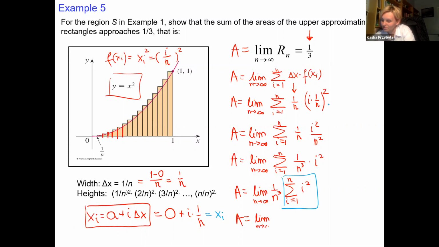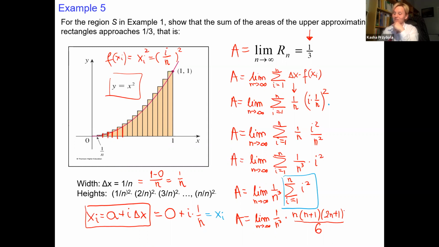Let's see. Do you remember this formula? It was n plus 1, and 2n plus 1, all over 6. I didn't copy that slide, but one of the slides from yesterday's session provides 3 formulas for i, i squared, and i cubed.